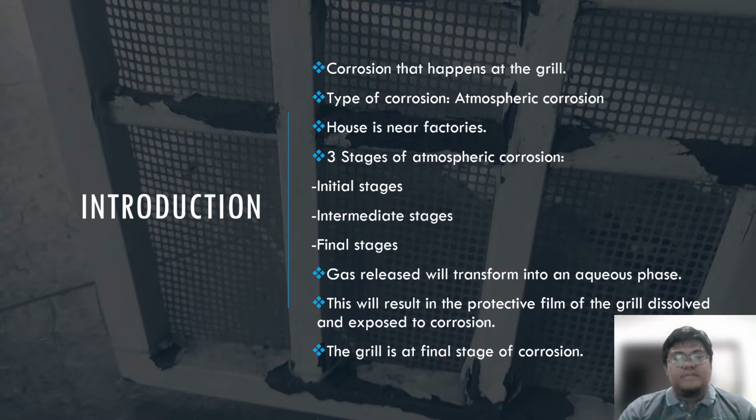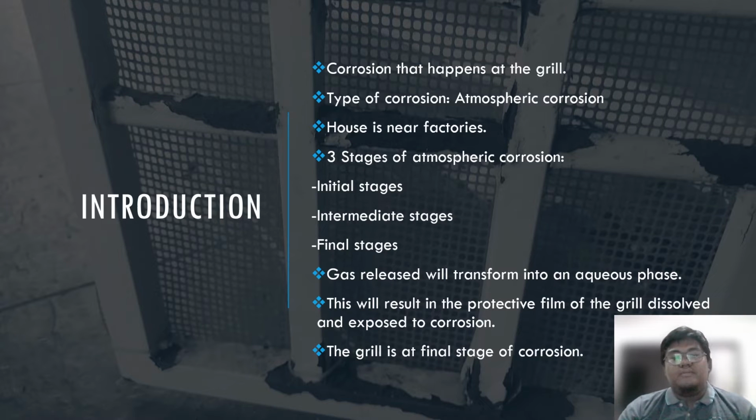For atmospheric corrosion, there are three stages: the initial stage, the intermediate stage and the final stage. The corrosion attack that happens is the result of the accumulation of gas deposition that happens in the intermediate stage of atmospheric corrosion.